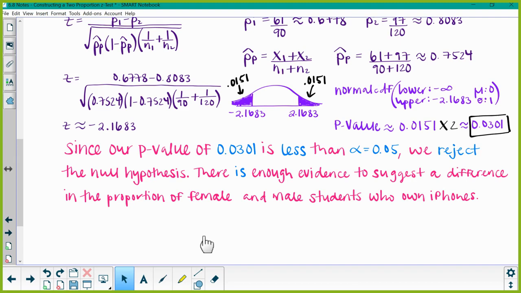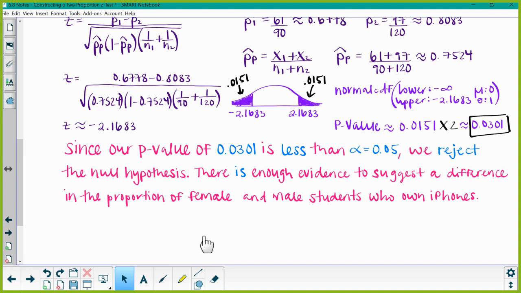So this was quite a doozy. It always seems very long, especially when you're doing two proportions by hand. I know some of us prefer to do it by hand, and that is absolutely okay. Just make sure you are correctly calculating your different samples so that you don't get a small error.